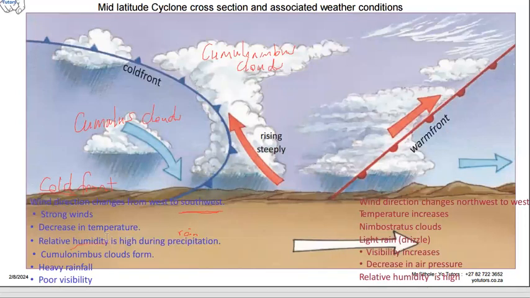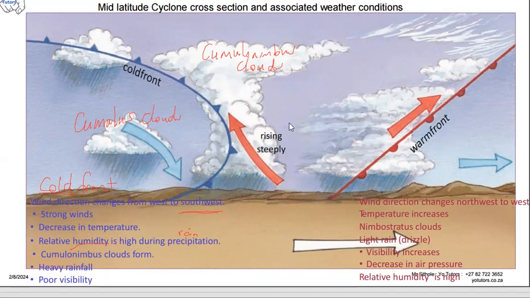Then cumulonimbus clouds form, as you can see. The cold front is associated with cumulonimbus clouds because the air is rising steeply. Warm air is rapidly lifted up by cold air, so more warm air is being lifted up and forming these cumulonimbus clouds. We also experience heavy rainfall and poor visibility on the cold front.